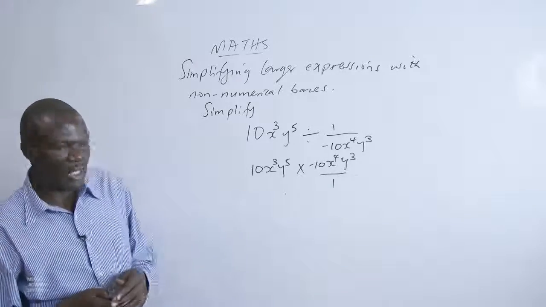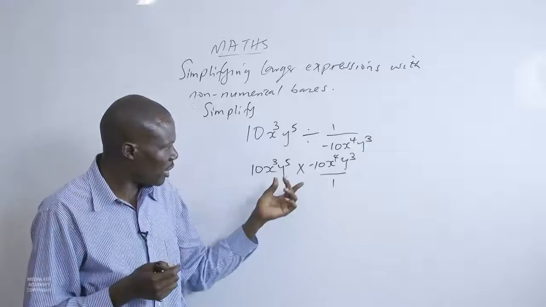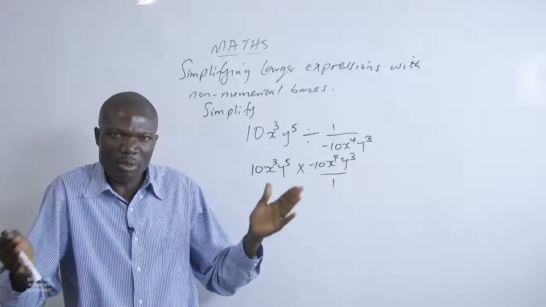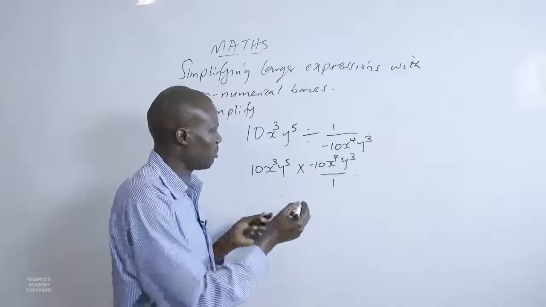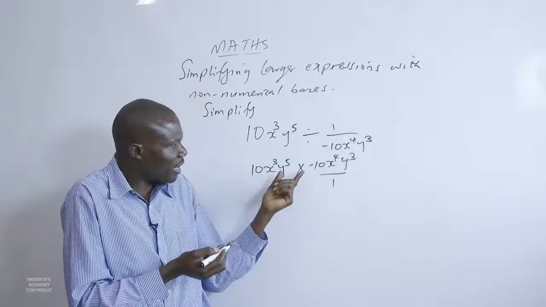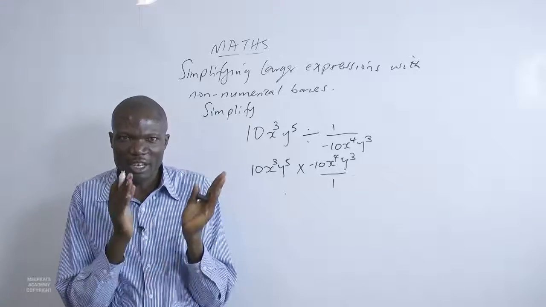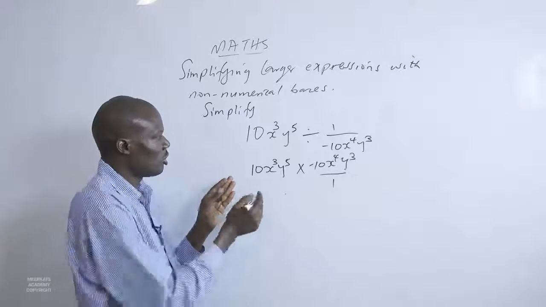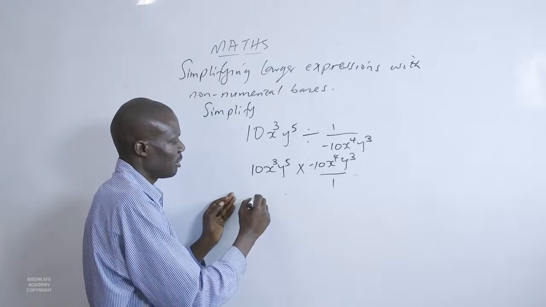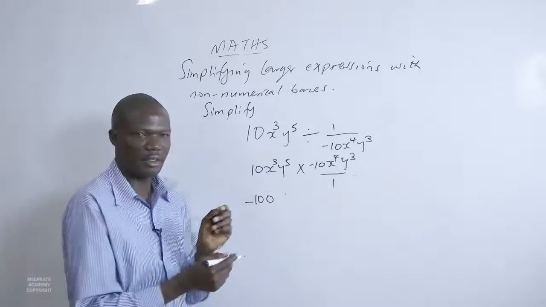So having reached here, we now look at what we can bring together, what we can multiply. Now 10 times minus 10: a positive and a negative is always a negative. So this one will give us minus 100.